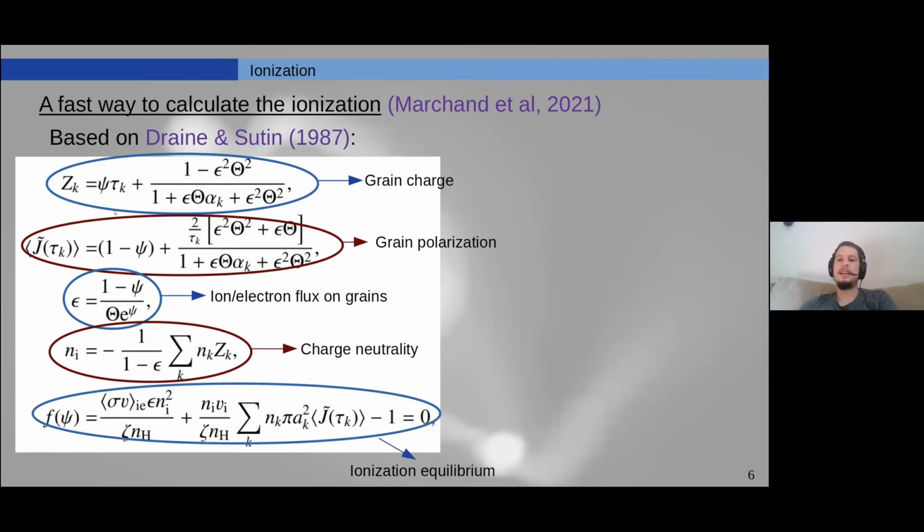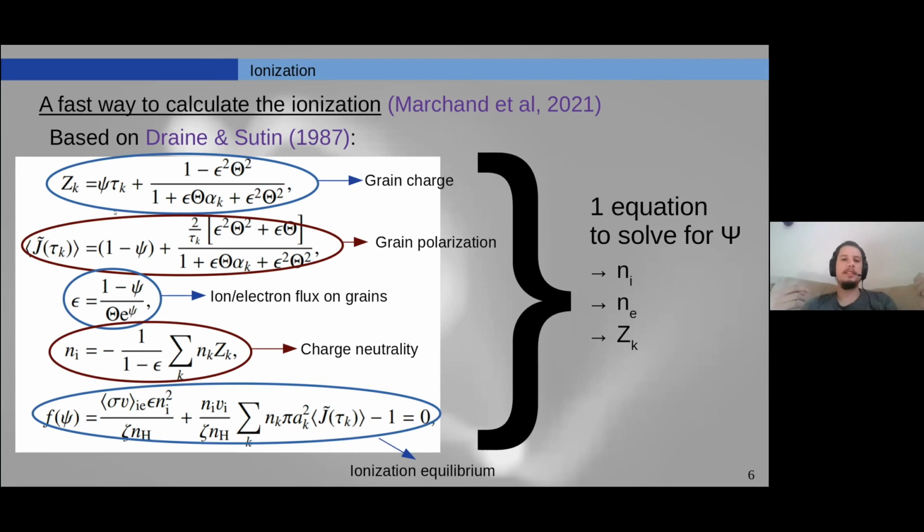And actually, this system can be collapsed into just one equation with one unknown, and solving this equation gives you access to the number of ions, the number of electrons, and the average charge for every size of grains of your distribution.